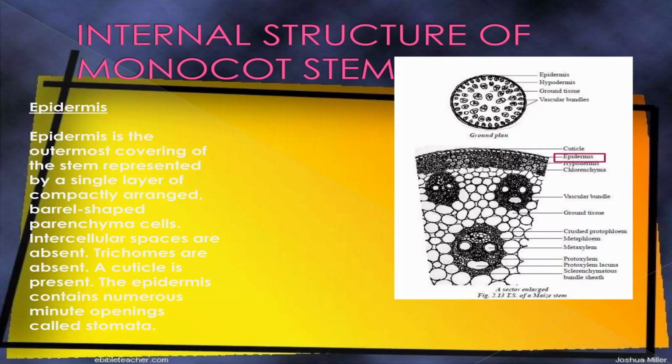It consists of a single layer of parenchyma cells, compactly arranged, covered by a thick cuticle. A cuticle layer is present, a few stomata are present, and stem hairs are absent.